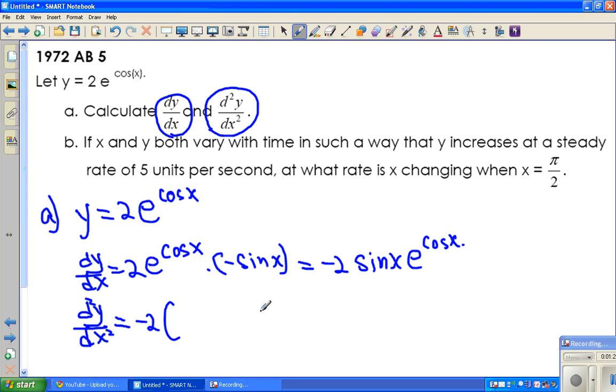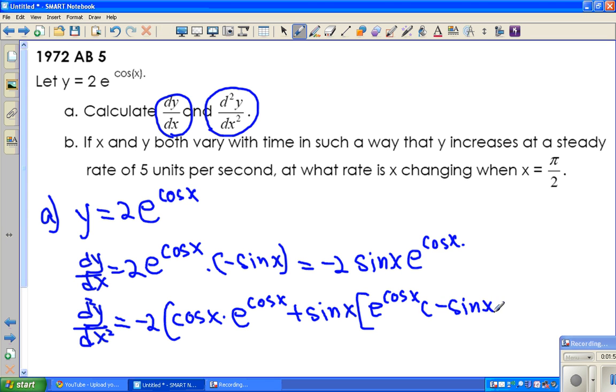First we can take the derivative of sine of x, which means cosine of x times the second portion, e to the cosine of x, plus having the sine of x as it is, times the derivative of e to the cosine of x, which we figured out from here already. Hence, I'm just going to write it up right here, e to the cosine of x times negative sine of x.